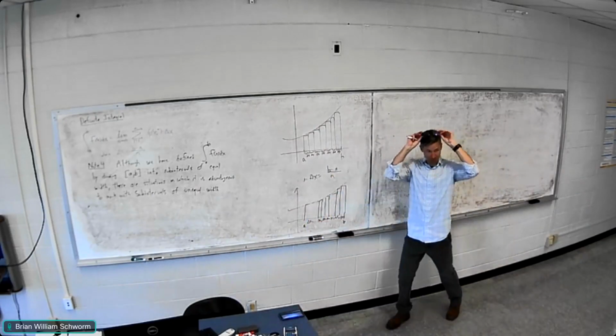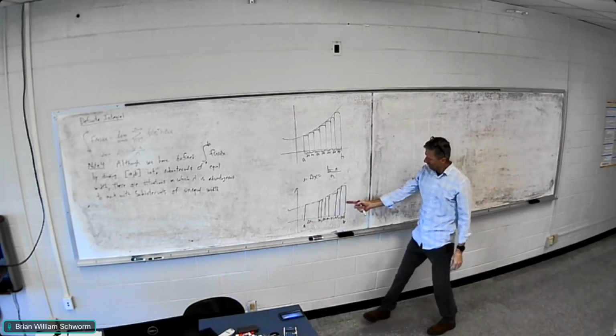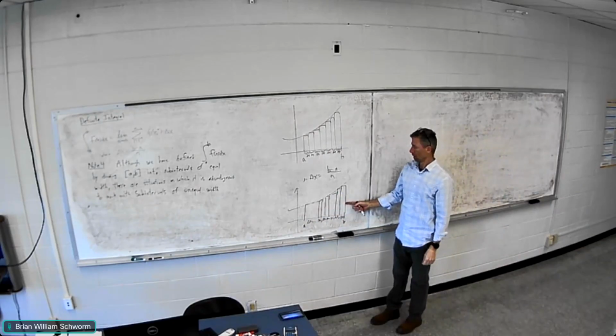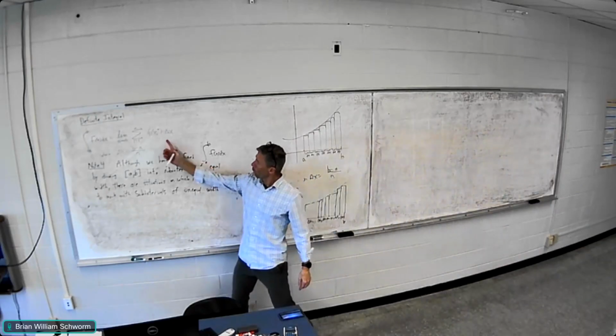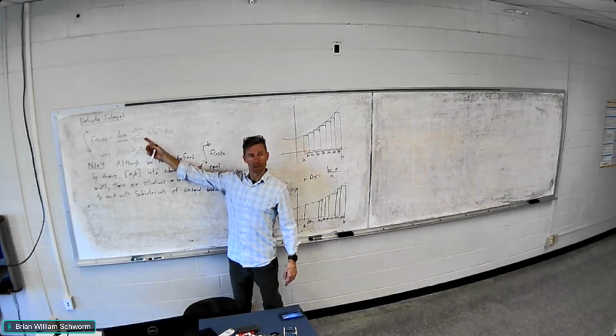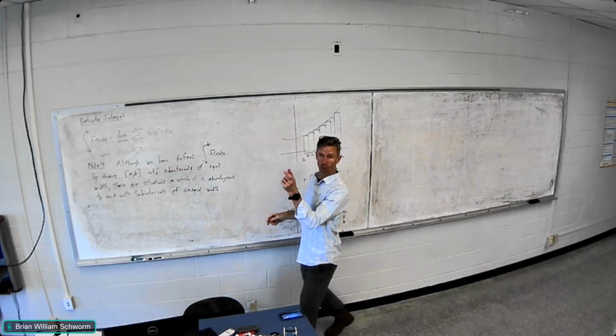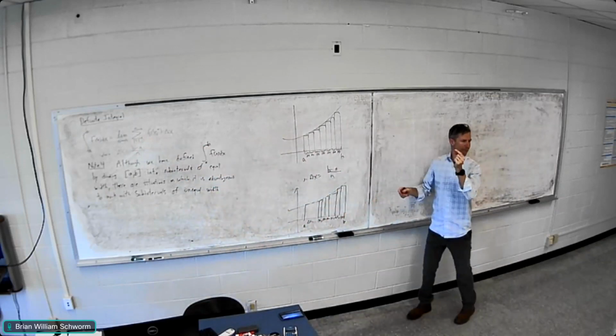But one thing that is very important, if they have different widths, we still need the limit as the number of rectangles approaches infinity for all these rectangles to get narrower and narrower.